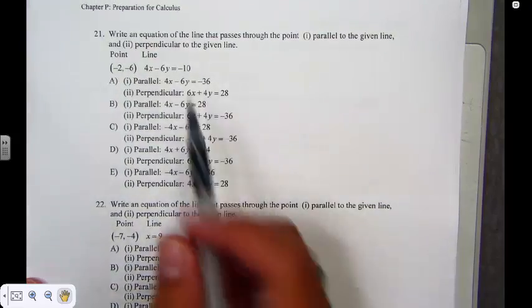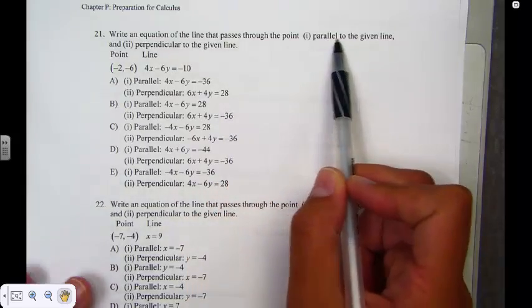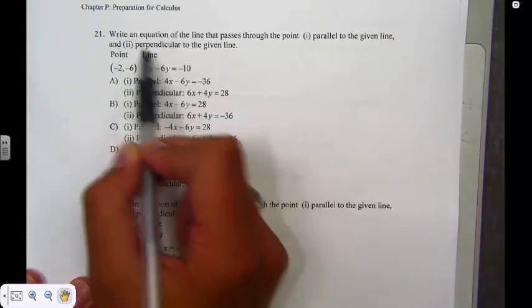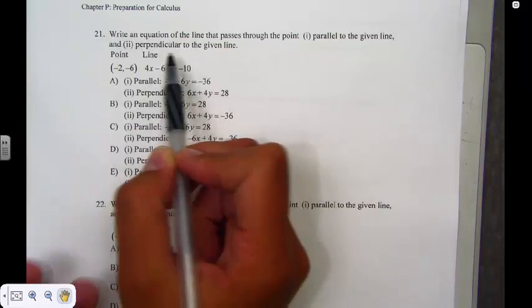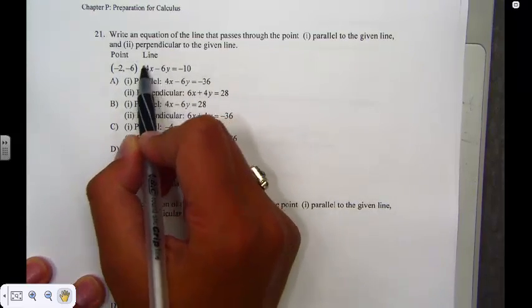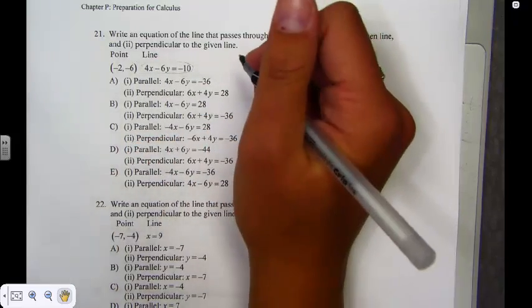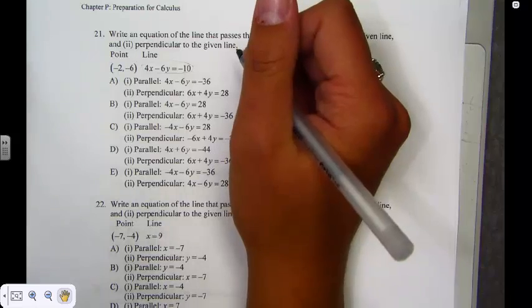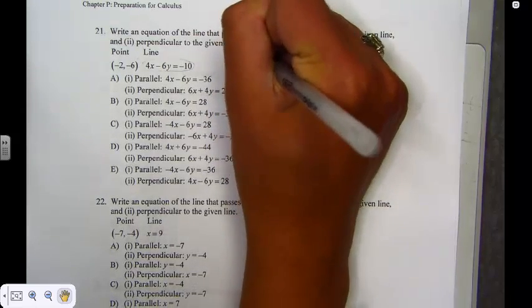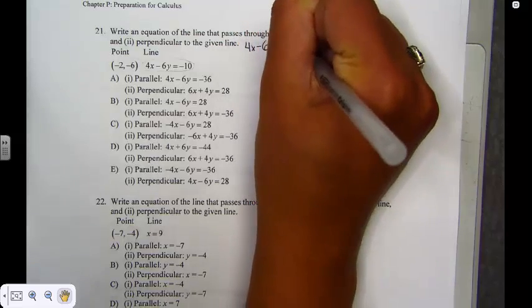Alright, for number 21, we're going to write an equation for the line that is parallel to the given line and perpendicular to the given line, and it has to cross through this point. So first we're going to solve this to put it into y equals mx plus b form. So we're going to start with 4x minus 6y equals negative 10.